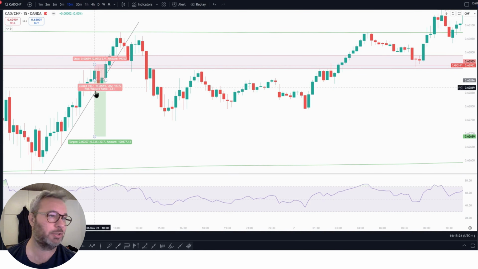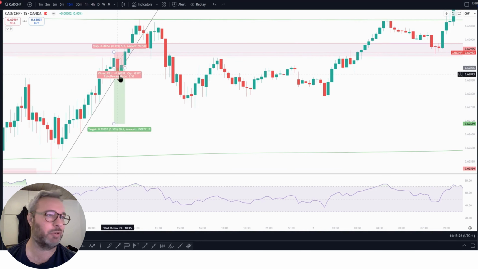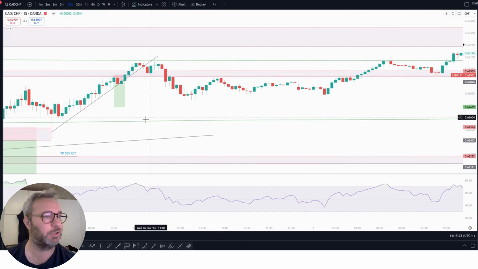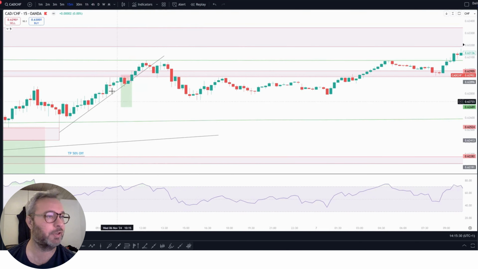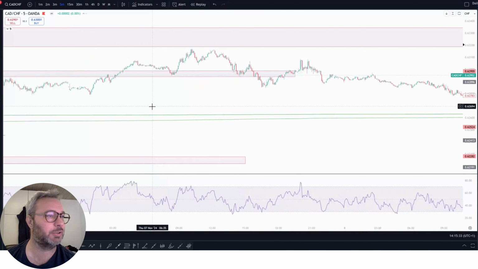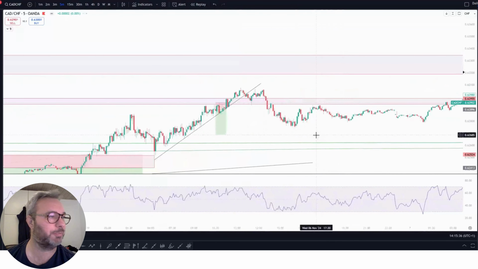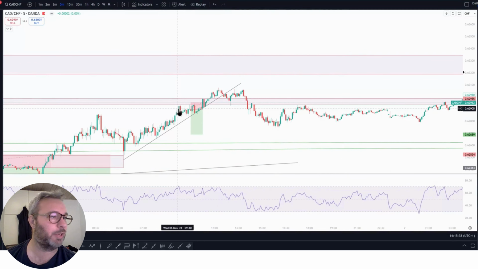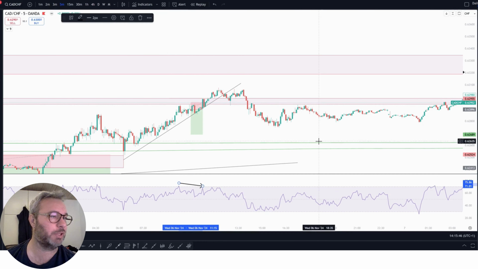I shorted, but it kept the trend line and went to stop loss. Yeah, that was not the best probability trade, to be honest. But I did have a bearish divergence here while the price was ranging.